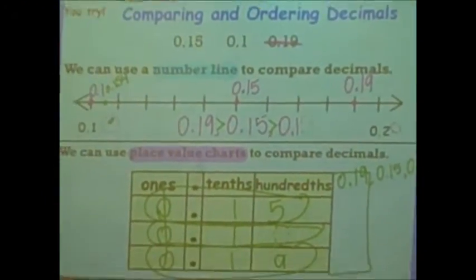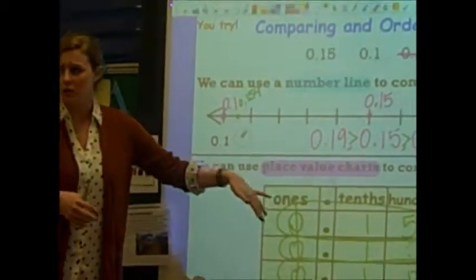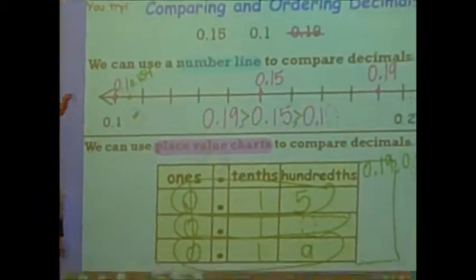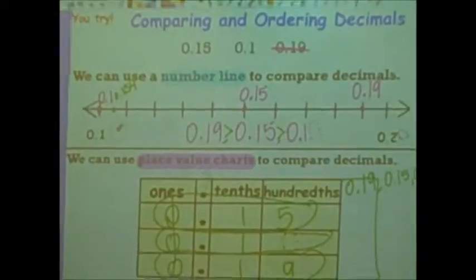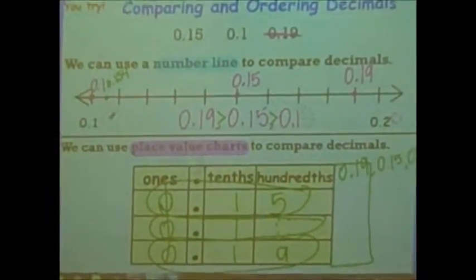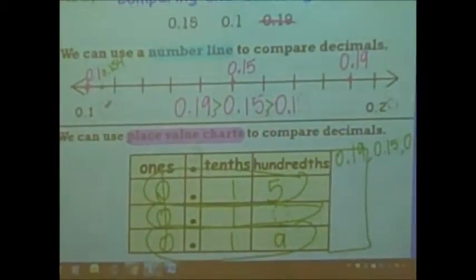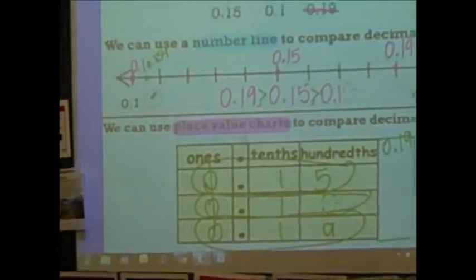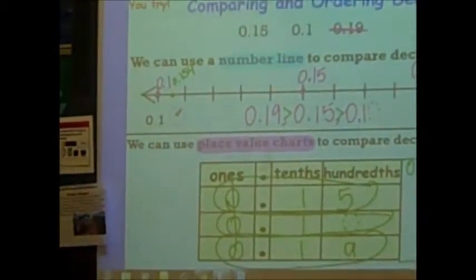And I think for comparing decimals, we find the most success with a place value chart, just because it makes it very clear to the students. The number line is really just to show them that there are numbers in between these other numbers. When I tell them that there's an infinite amount of numbers between 77 and 78, their jaws are on the floor. They can't even imagine this little tiny spot right there, and I tell them that it goes on forever. They say, are you kidding? You're lying. So, it's just really for that.